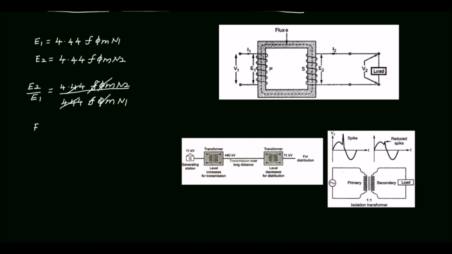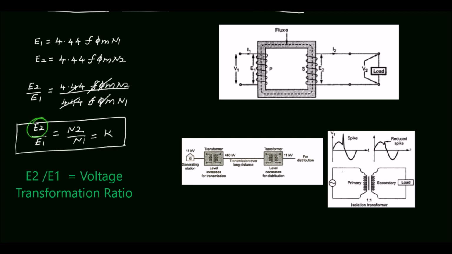So E2 by E1 is equal to N2 by N1, which is equal to K. The ratio of secondary induced EMF to primary induced EMF is called the voltage transformation ratio. K is called the transformation ratio.